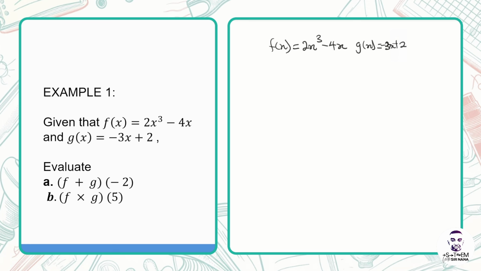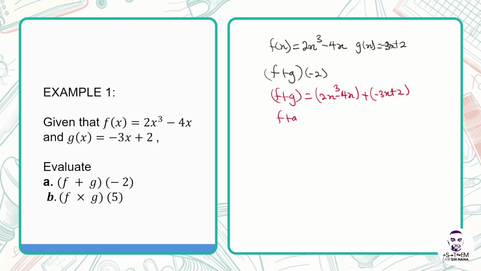So in part a of the question, we have to evaluate (f plus g) of minus 2. What we need to do is first find f plus g. So for f plus g, we will pick the function f, which is 2x cubed minus 4x, and then we bring the addition sign, and then pick g, which is minus 3x plus 2. Then we sum them.